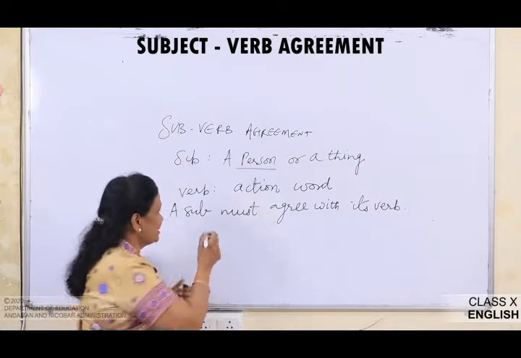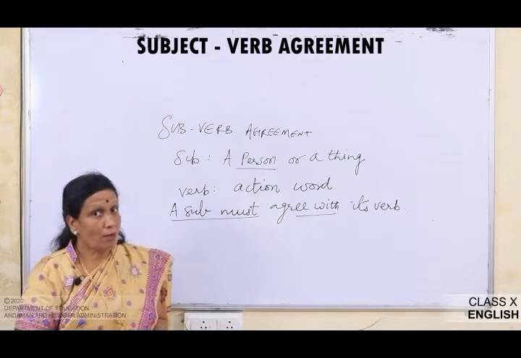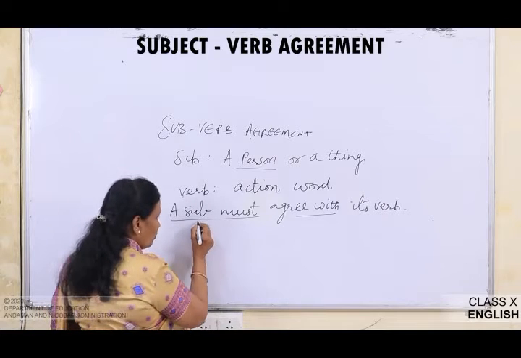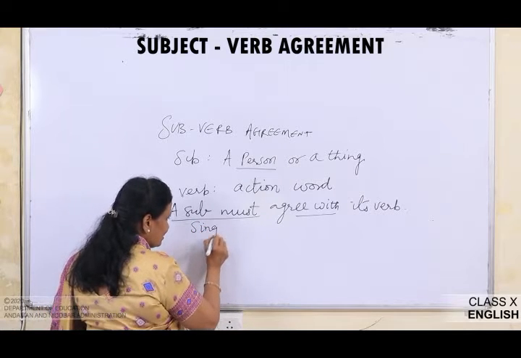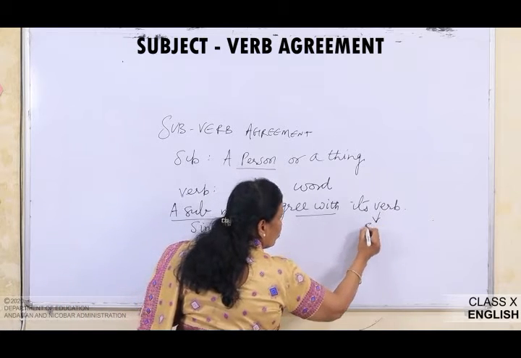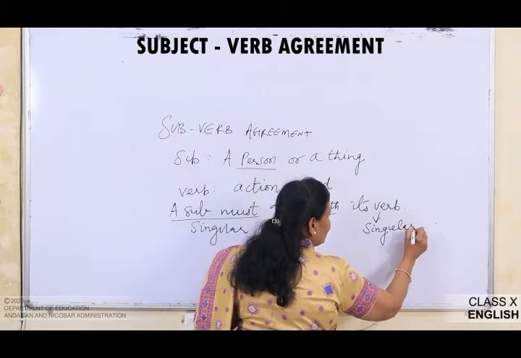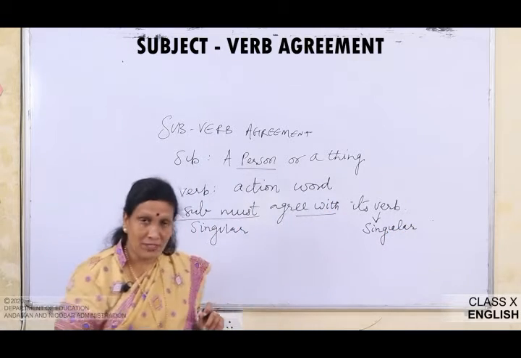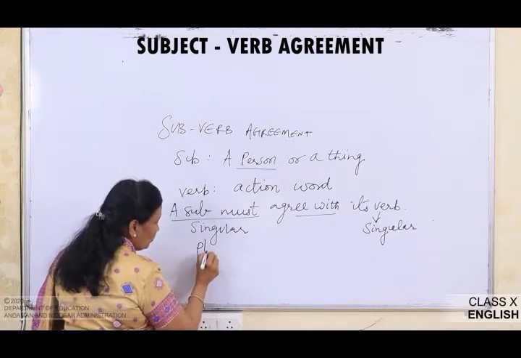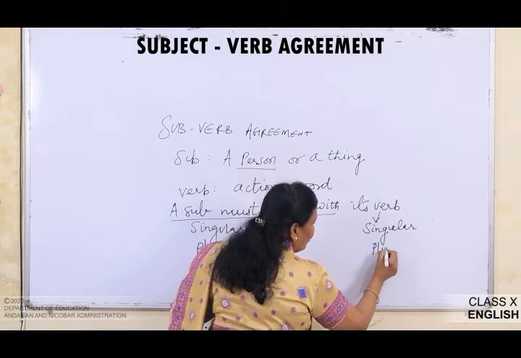Now, what is the meaning of this sentence, that a subject must agree with its verb? Now, if the subject is singular, the verb will also be singular. Singular subject, singular verb. Now, plural subject, plural verb.